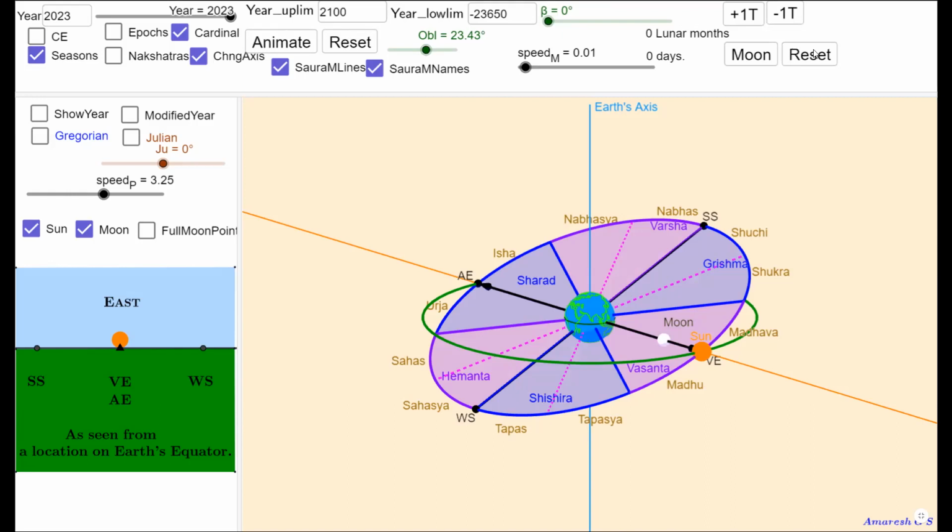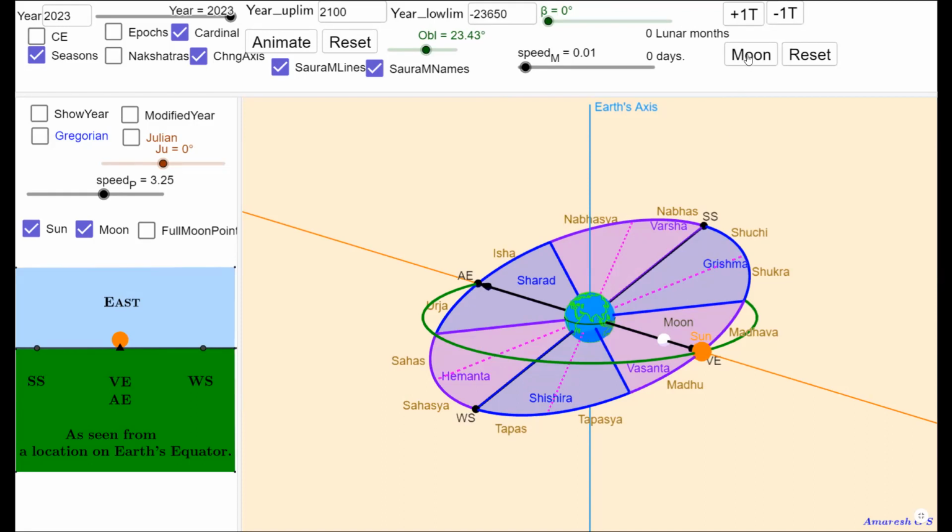So now notice what happens when the moon goes through 12 rotations. We are going to measure those 12 rotations of the moon, starting with a point of Amavasya, when the moon was coinciding with the sun as seen from the earth. When it comes back again into exactly the same position with respect to the sun and the earth, we will count that as one lunar month.